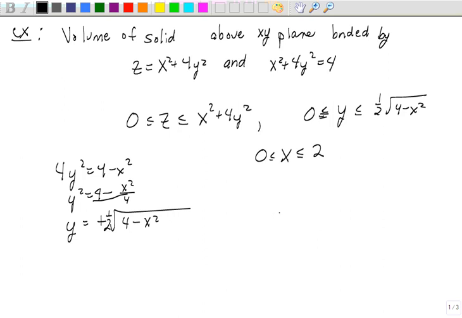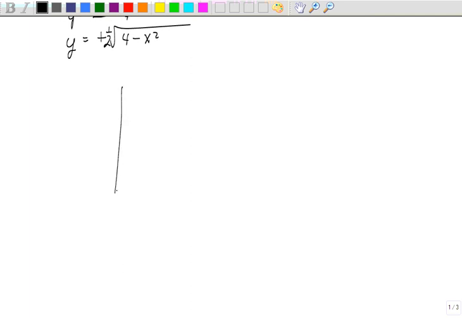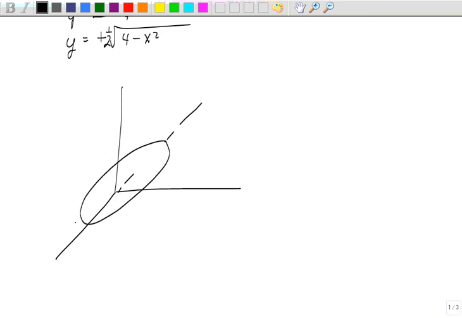So if you look at the picture, again, I'll try to draw it. Okay, the base is an ellipse, and this is 2, and this is negative 2. And then we have a parabola shape, and that's coming up here.